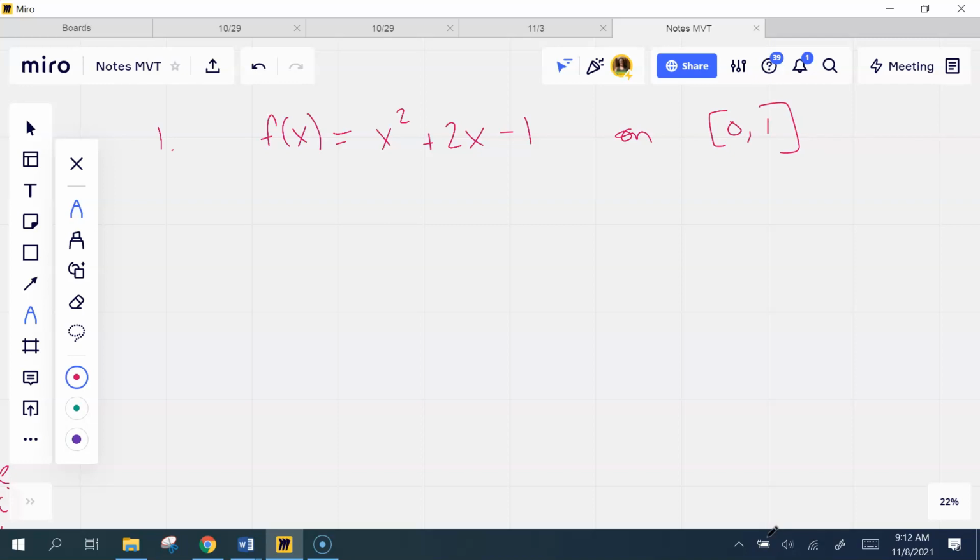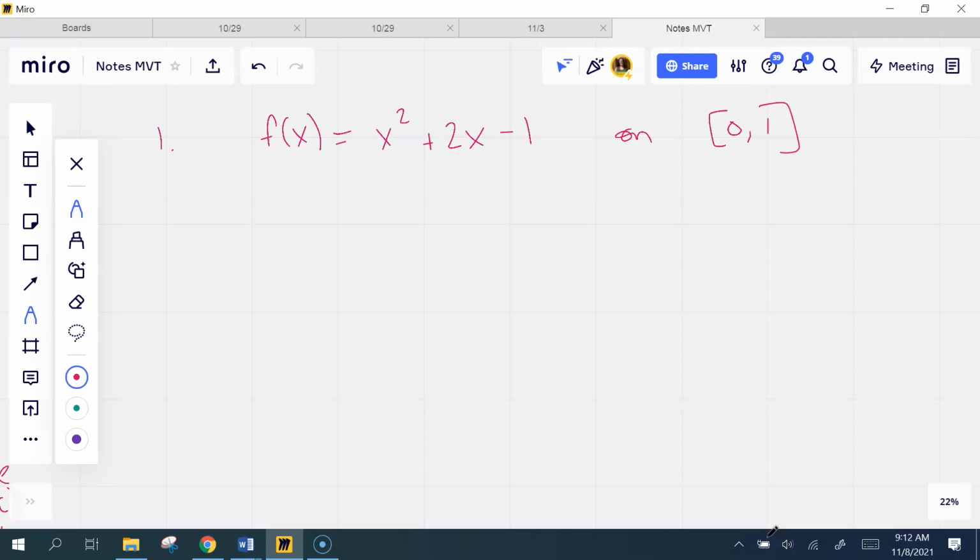All right, so it says, state whether or not the function satisfies the hypothesis of the mean value theorem. Well, the hypothesis there is it must be continuous and differentiable on its interval. Is it mean value theorem? Yes, on 0 to 1, it is a parabola. We know that a parabola is both continuous and differentiable at all points in its domain, and in this case, it doesn't matter that it's cut off from 0 to 1.